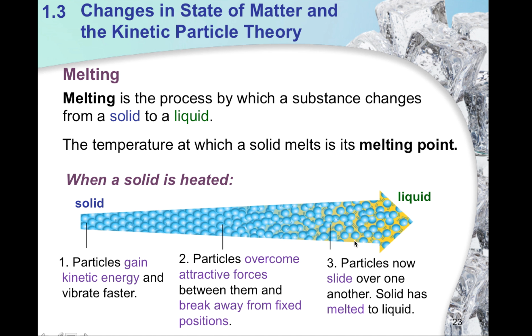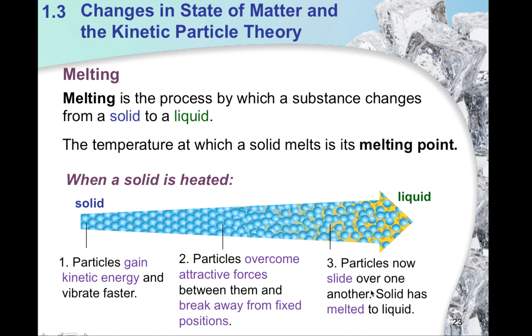Now do take note that this section here is actually explaining the movement of the particles in a liquid state. However, in your O-level questions, it will be phrased as something like: explain how the particles change in state with respect to arrangement and with respect to movement.